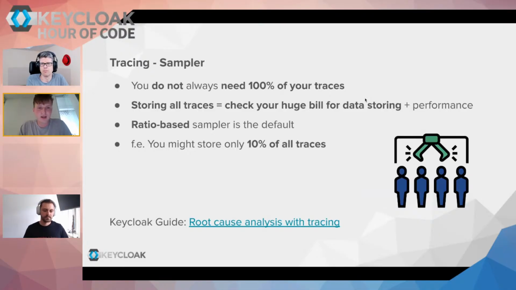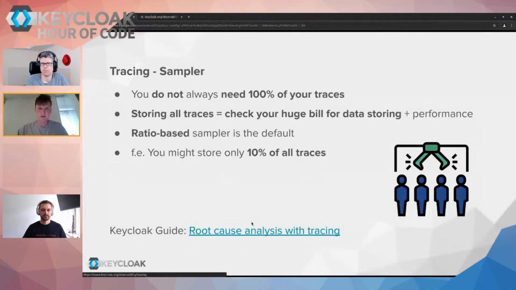So right now, by default, we use a ratio-based sampler, where we can specify that we might need only 10% of all traces, with some pros and cons to this. We can find more information in a Keycloak guide as well, called root cause analysis with tracing.